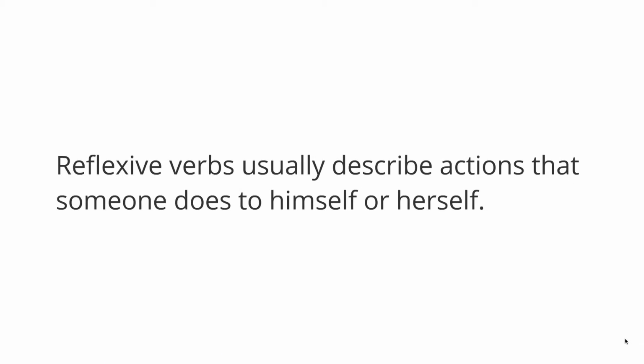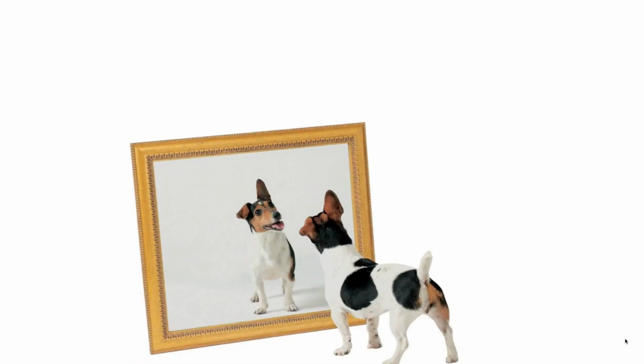All right, first of all, reflexive verbs are called reflexive verbs because they describe actions that someone does to himself or herself. Think of things in your daily routine. For example, you get yourself out of bed every morning. Usually, you dress yourself, you bathe yourself, you brush your own teeth, you comb your own hair. All of these things, because you do them to yourself, they're called reflexive verbs.